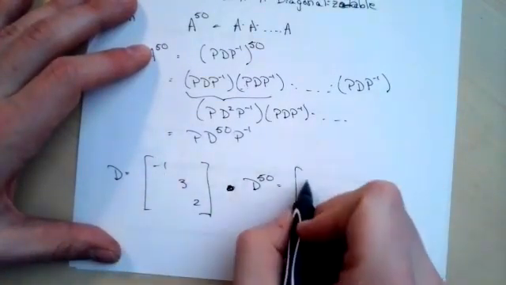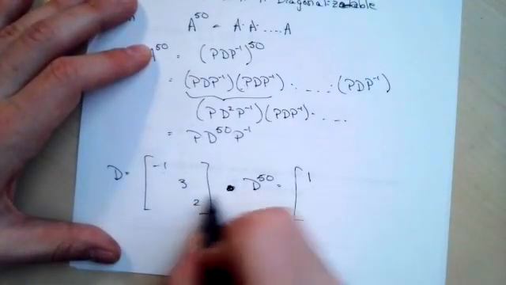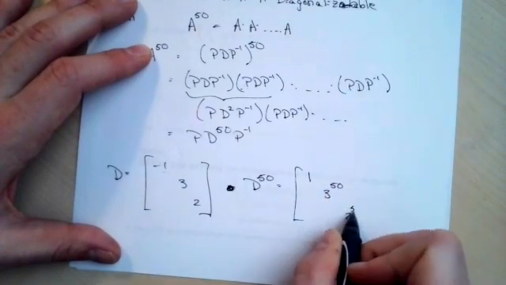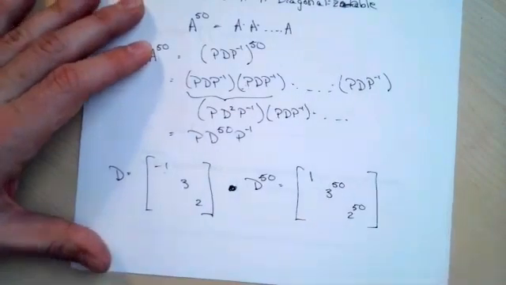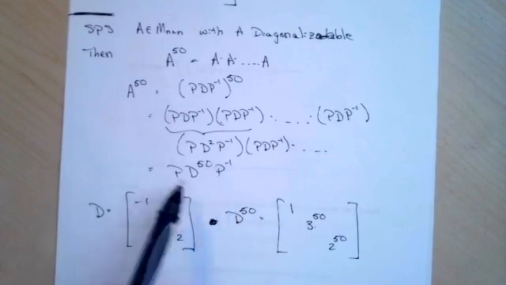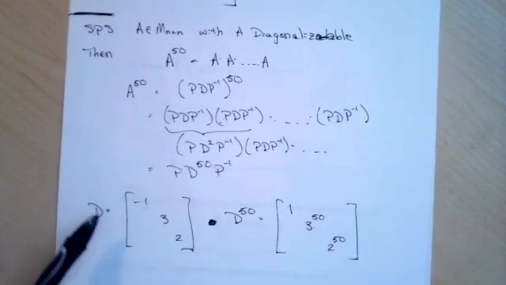So minus 1 to the 50th power is going to be 1, but then it's just each diagonal entry raised to the 50th. You don't have to compute those out, but it's easy enough to write them as 2 to the 50th, 3 to the 50th. And then if we had our P matrix, we could multiply those out, keeping those as 2 to the 50th and 3 to the 50th.